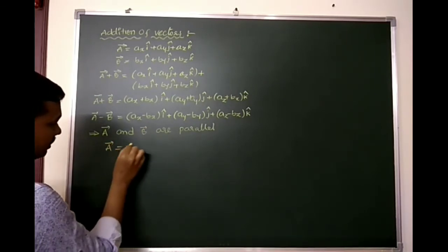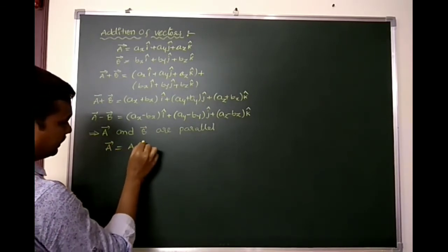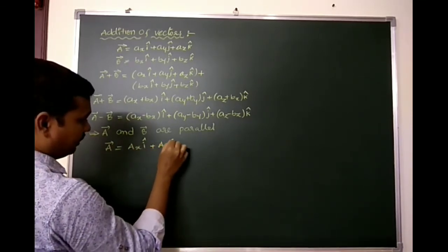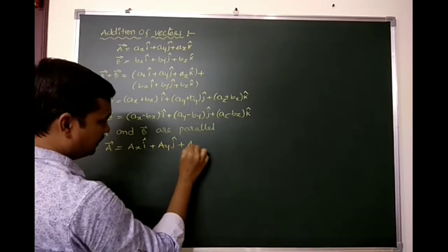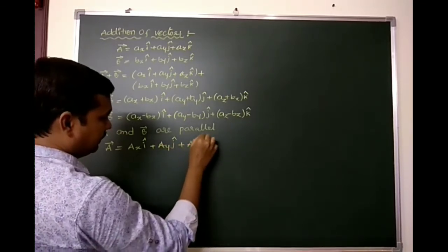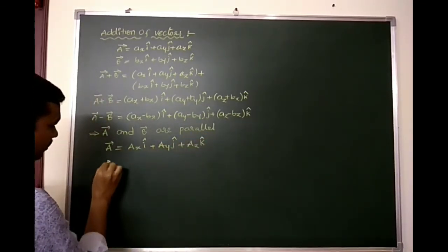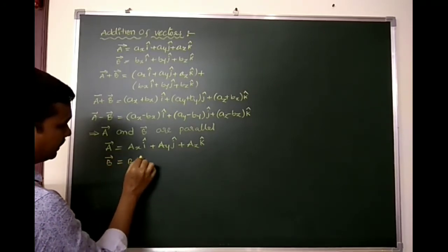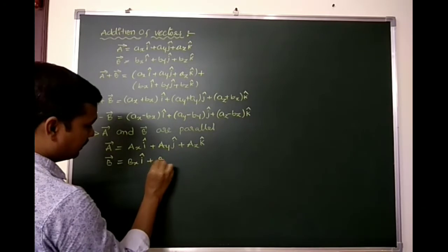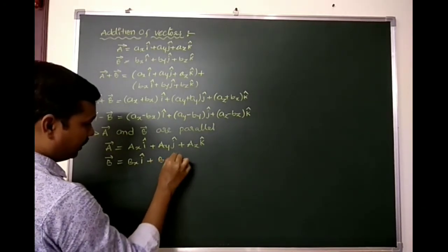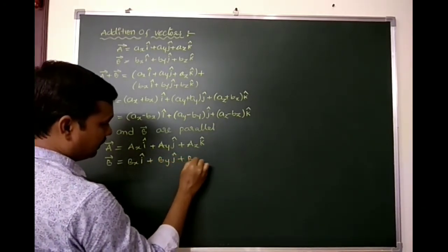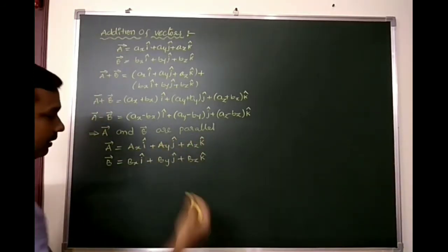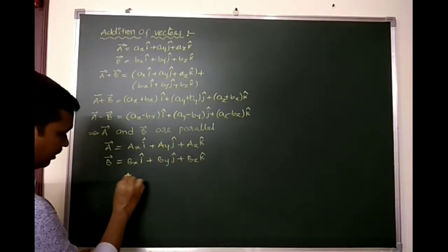A bar is equal to ax i cap plus ay j cap plus az k cap. This is a vector. And similarly, b vector is bx i cap plus by j cap plus bz k cap. If these two vectors are parallel, what will be the relation?